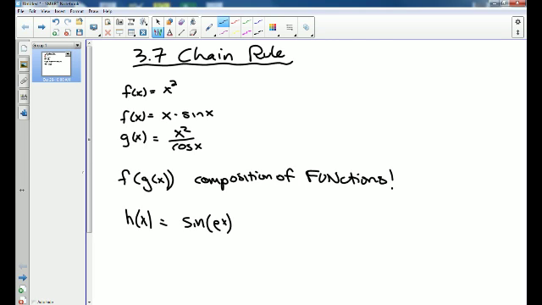Because here they're all separate, but this is actually inside. That's how you can describe it. So, outside. Inside. The chain rule is going to tell us how to calculate that derivative.